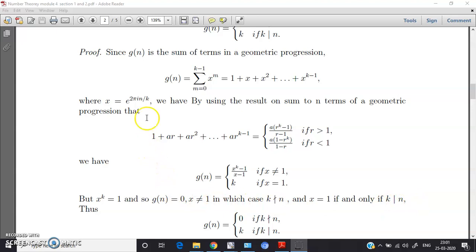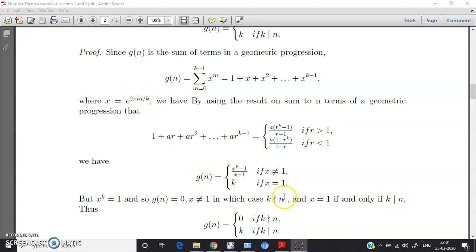If k divides n completely, then this term will reduce to 1.